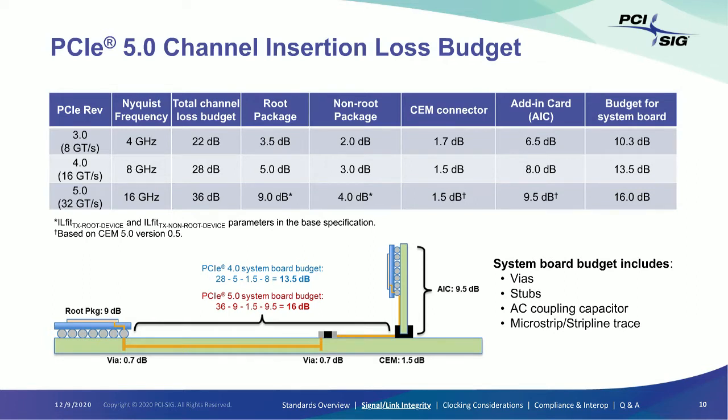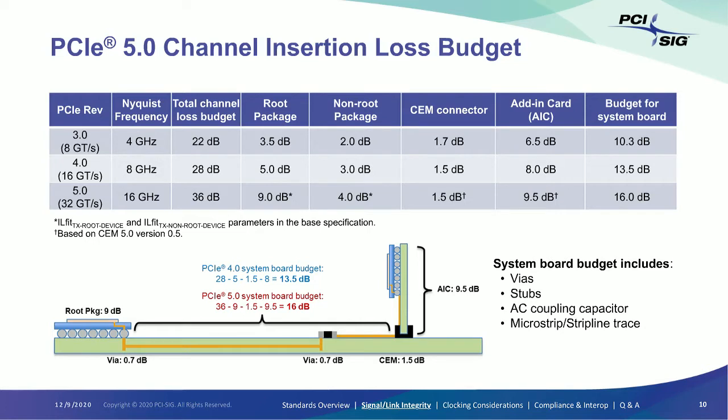Now, for some standard form factors, like the card electromechanical CEM add-in card, those form factors have budgets as well. For example, the add-in card budget is 9.5 dB, which of course consists of the add-in card PCB as well as the endpoint package. And the connector itself is allocated 1.5 dB.